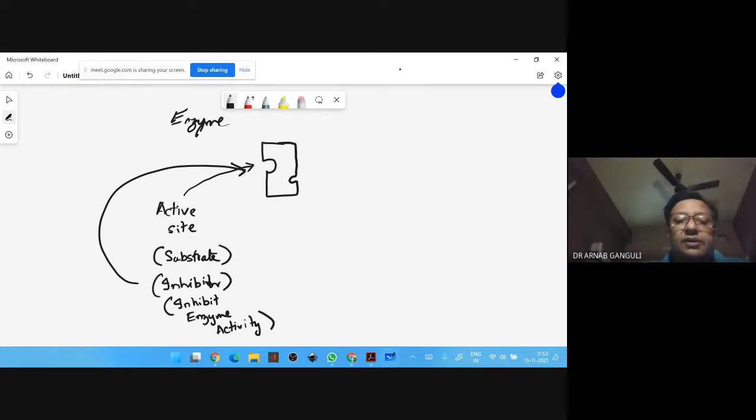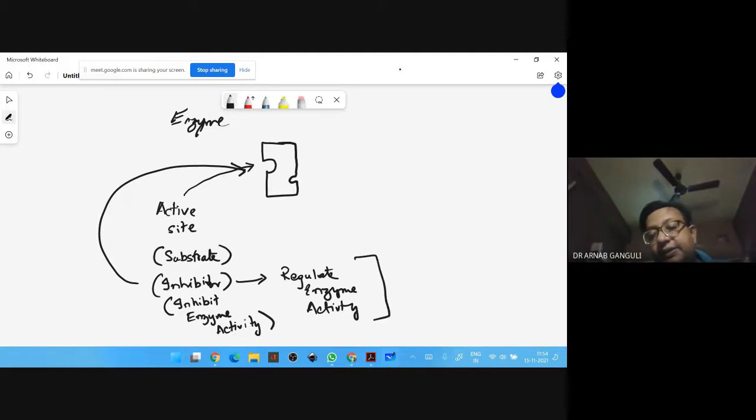Or it can regulate enzyme activity. So this is the active site. So you have inhibitors which target the active site, which regulate enzyme activity through the active site.